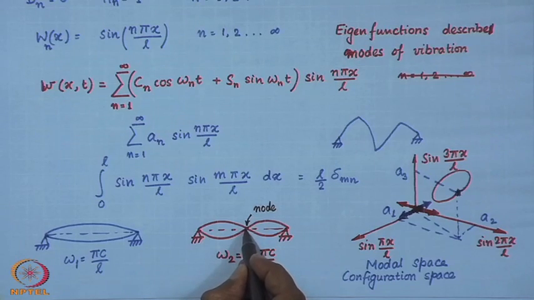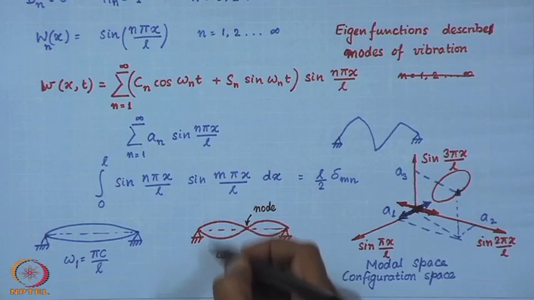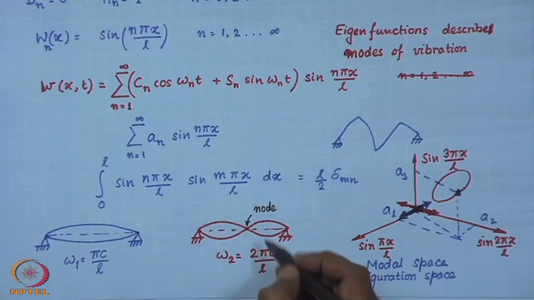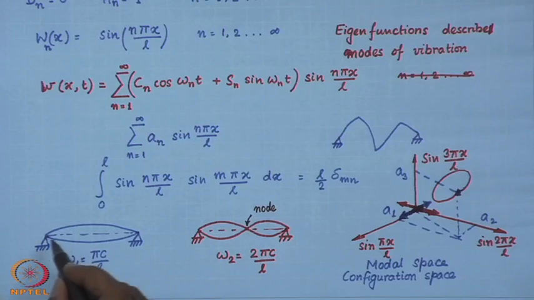This point is not moving out from the equilibrium position, whereas other points are vibrating. Here all points are vibrating in the same phase.